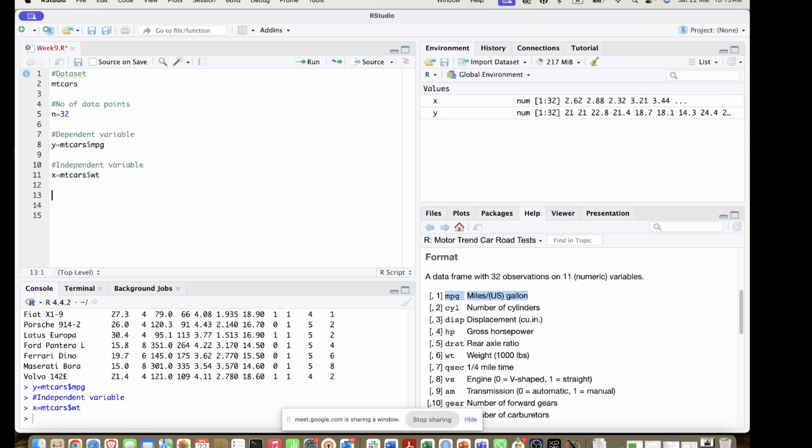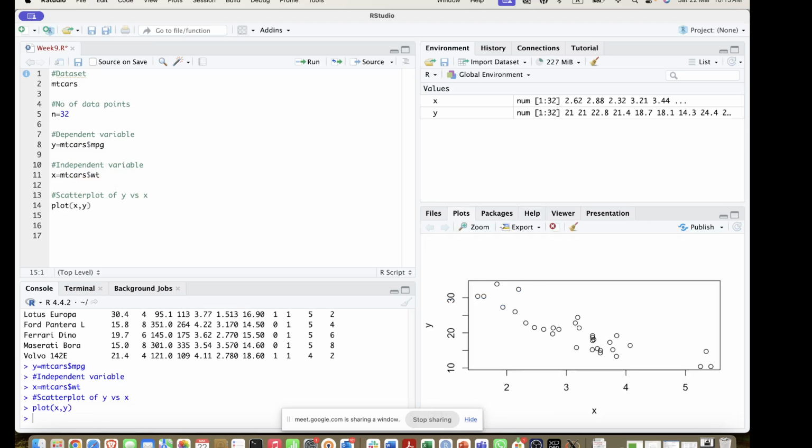Okay, so let me first get a scatter plot of y versus x. So how do I do that? I just do a plot x comma y. Now we see that as x increases, y decreases.